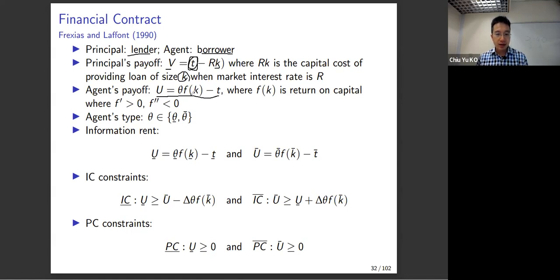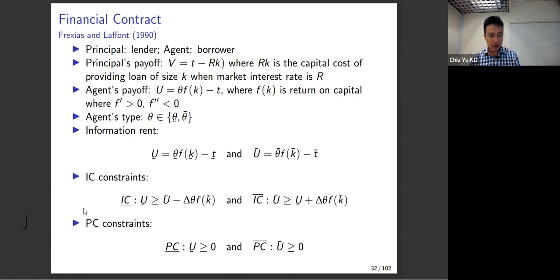The startup is more productive, you get more capital, and theta is the efficiency, how you use it, which is private information, and T is what you have to give back to the principal. Right? So you can easily see everything is the same as the model before, right? You can actually solve the IC, all the constraints there, right? So this is the hedge fund investment model.